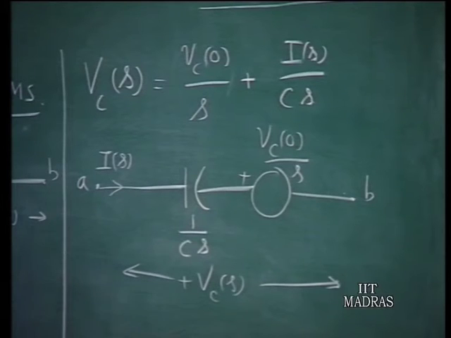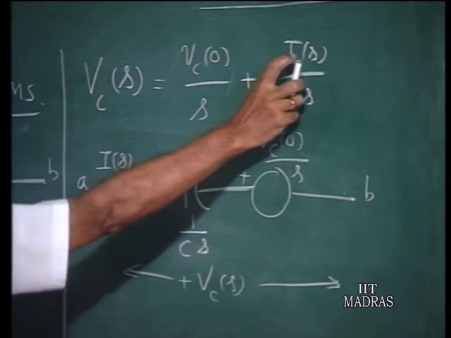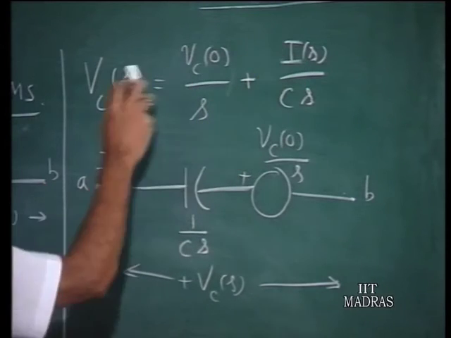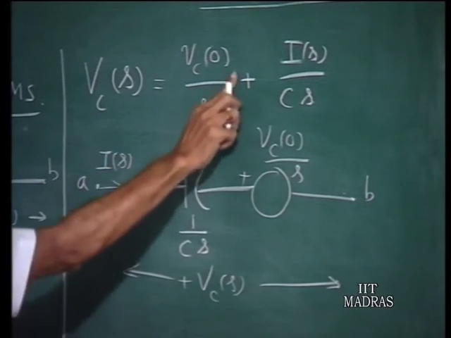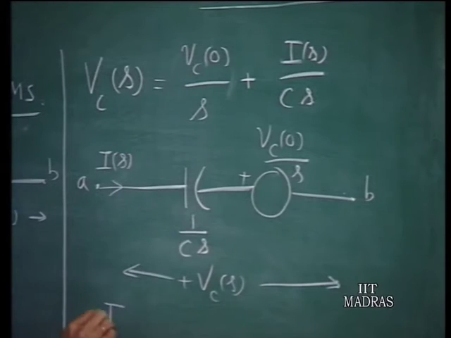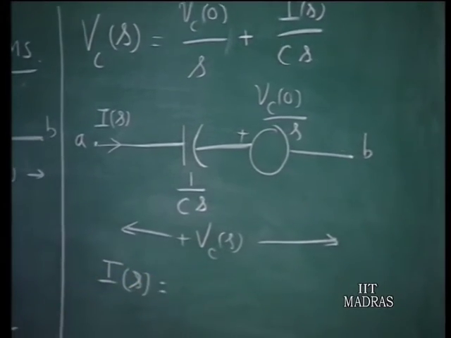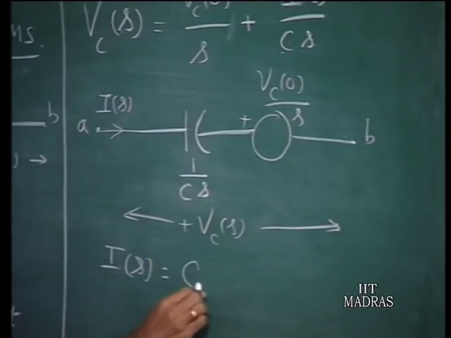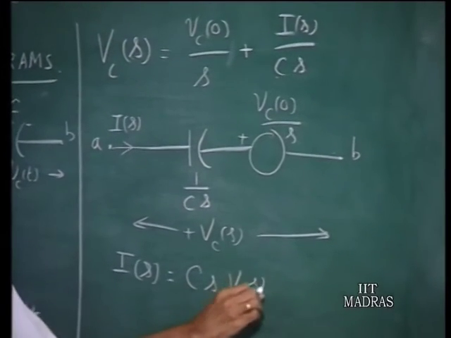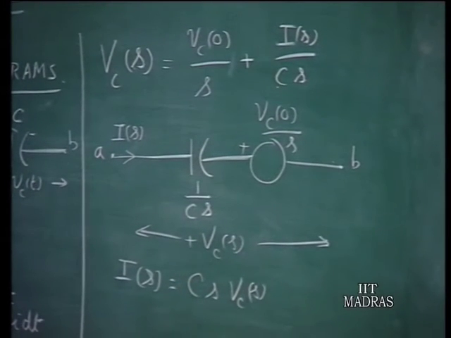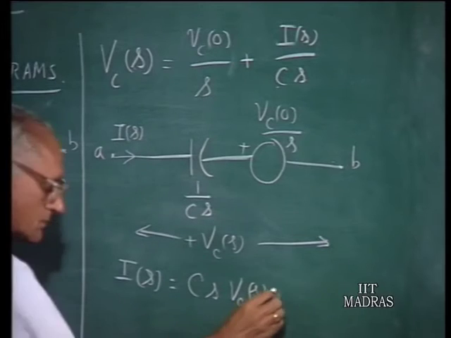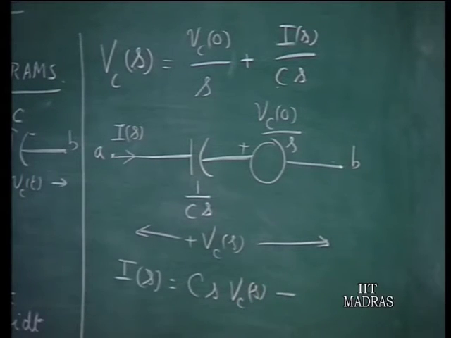We can express the current in the capacitor in terms of the voltage. From the same equation you can write Is equals Cs times Vc of s minus CVc0.